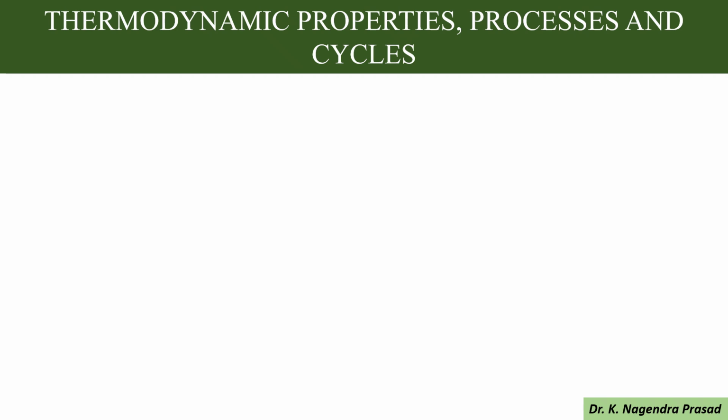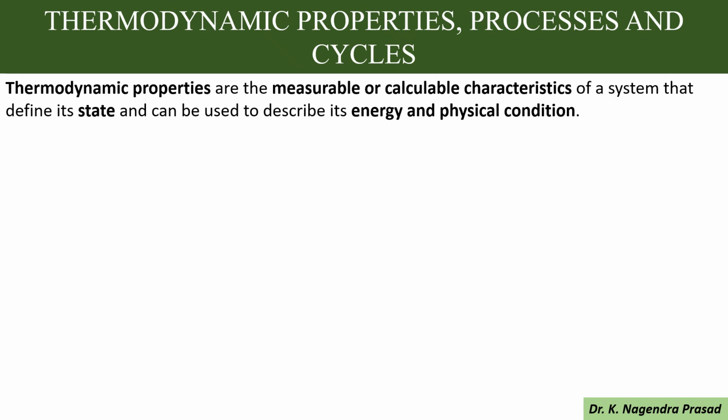Next we look at thermodynamic properties, processes and cycles. First one is the thermodynamic properties. Thermodynamic properties are the measurable characteristics of a system that define its state and can be used to describe its energy and physical condition.